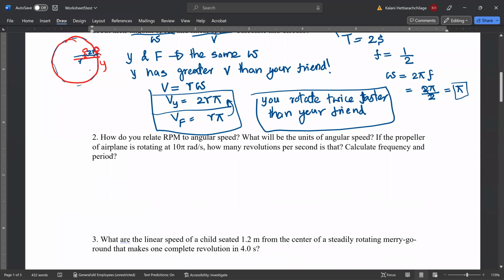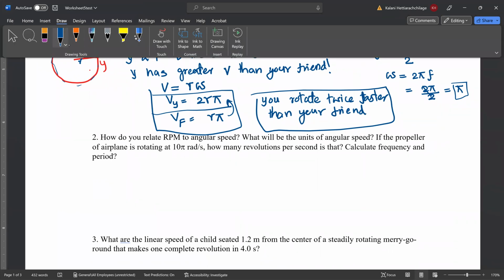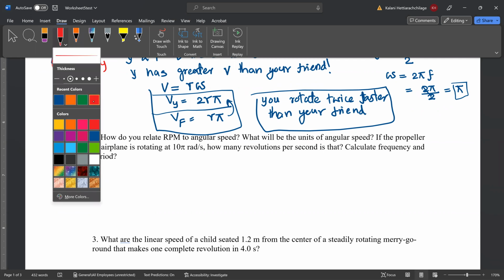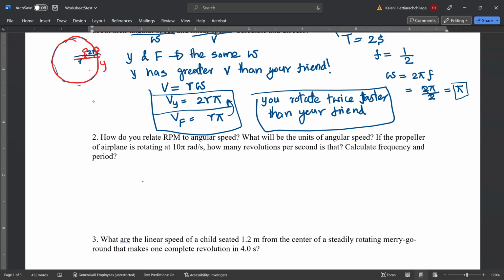So now how do you relate RPM to angular speed? That's the first question. So RPM is what? RPM means rotations per minute.